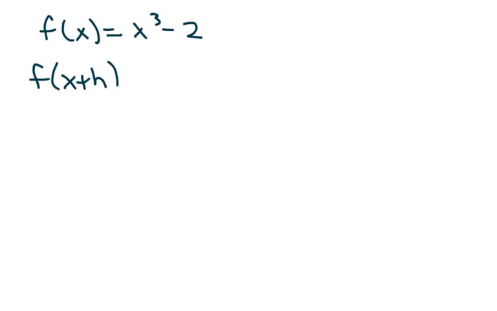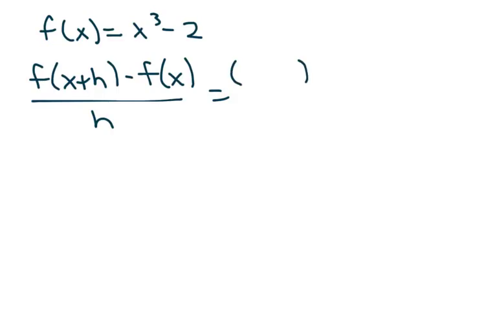So we have f of x equals x cubed minus 2. We're going to apply the difference quotient. So everywhere there's an x, I'm going to input x plus h.